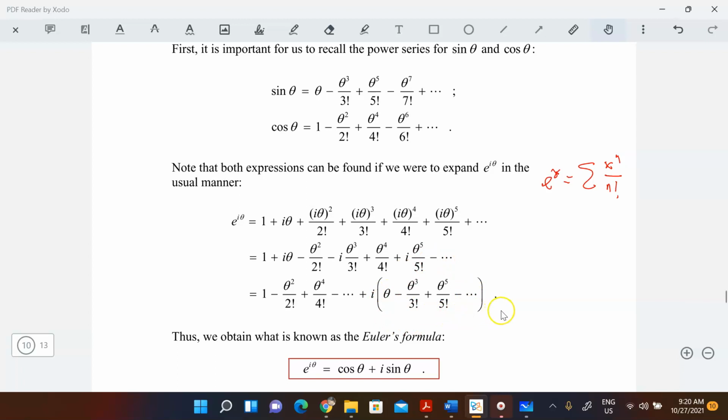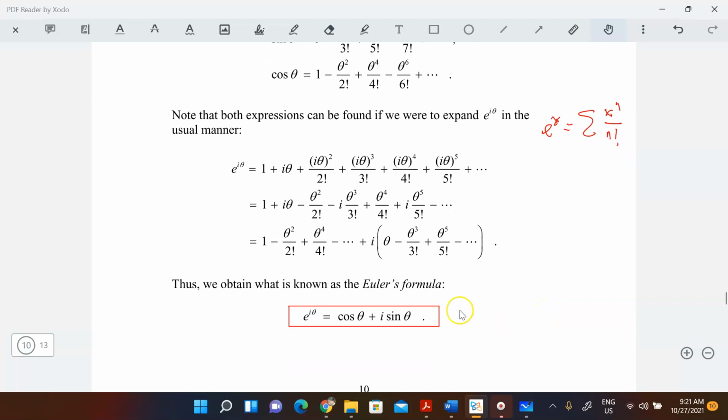So one could now write this famous formula called Euler's formula, which says that your exponential i theta is equal to cos theta plus i sine theta.